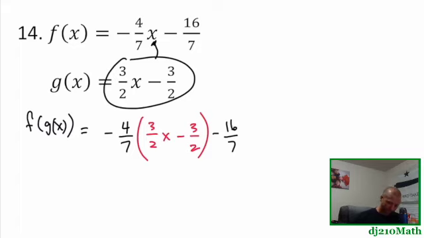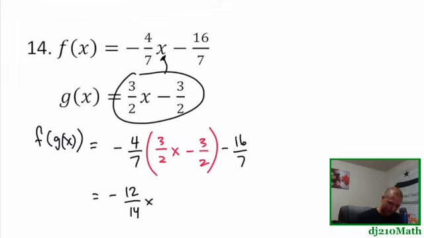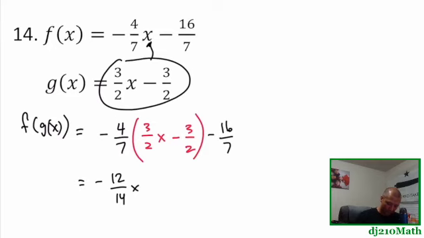All right. Distributing the negative 4/7, we're going to get negative 12 over 14. That reduces. So distribute. So negative is a positive. 4 times 3 is 12. 7 times 2 is 14. Minus 16 over 7.